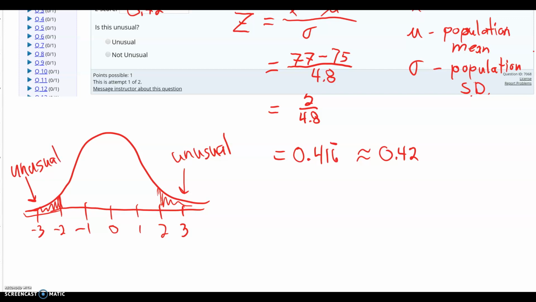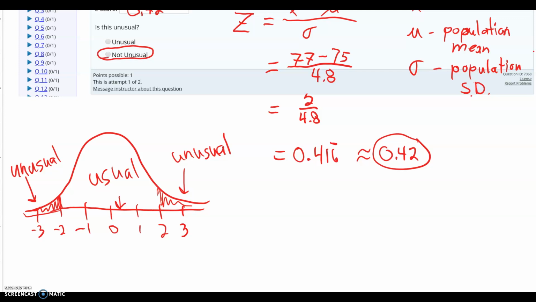And anything in between is considered usual. So since this value right here, 0.42, falls right about here, it is in the usual zone. So this is not unusual.